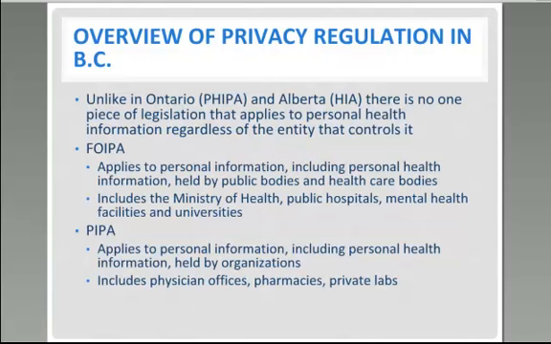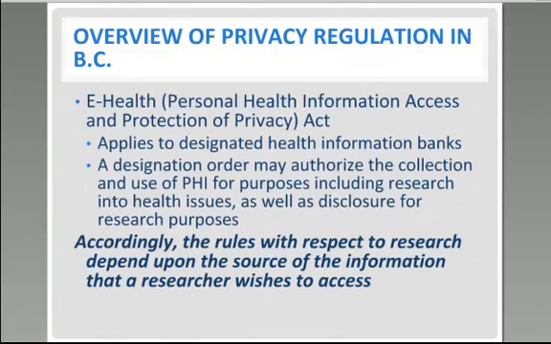So it applies to designated, what are called health information banks, and we'll discuss the eHealth Act in more detail in a minute, but in the designation order creating these HIBs, health information banks, they may authorize the collection, use, and disclosure of the information in that health information bank for a number of purposes, including research purposes.